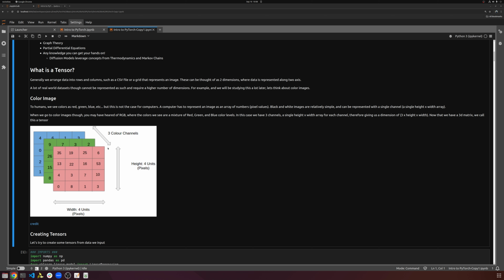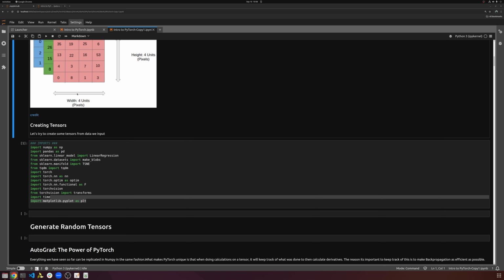Now, it's not really depth, it's color depth, because all color images, at least in the way we typically represent them, are RGB: red, green, blue. So we have three color channels by 4 by 4. So the shape of this tensor would be a 3 by 4 by 4 tensor. And it's as simple as that. So we now have a 3D matrix, and this is why we call them tensors.